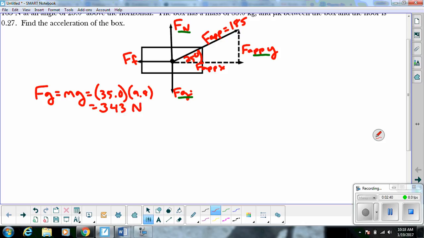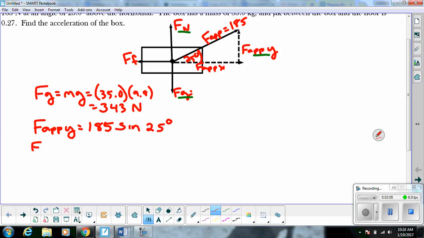I can also resolve the applied force into its x component and its y component. So I can say force applied in the y direction is going to be the applied force of 185 times the sine of 25 degrees.